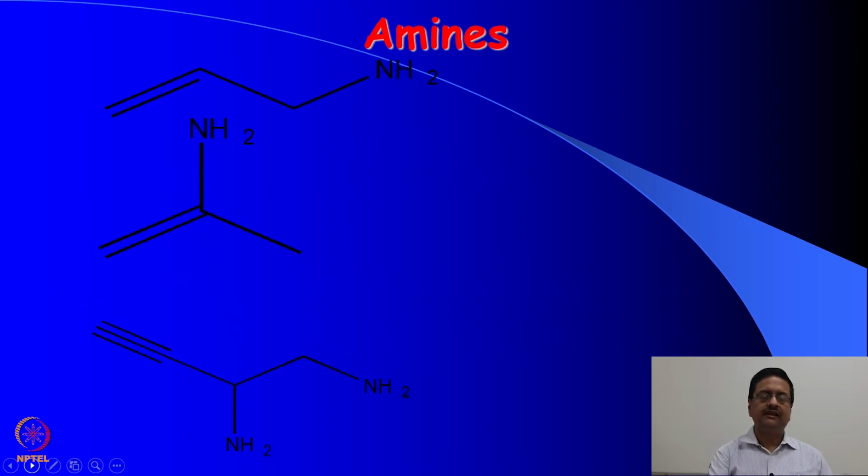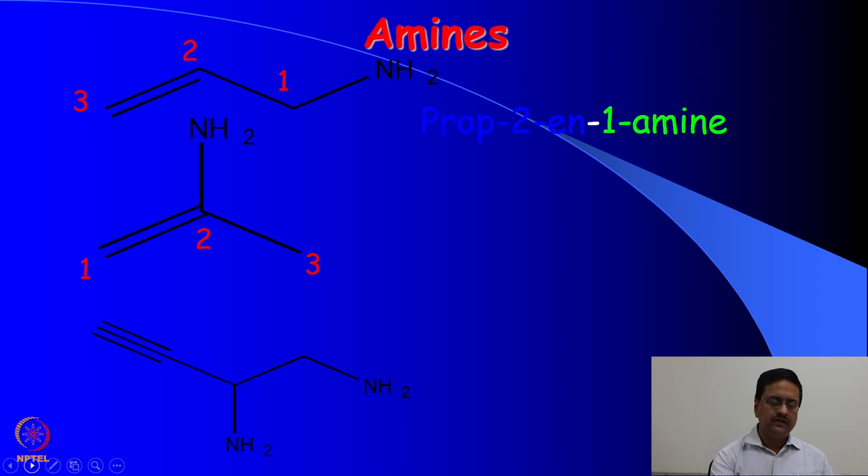So, what would be the names of these three amines? We should start numbering them as usual. So, we should number in such a way that amine gets the lowest priority over double bond, and then try to write the name.